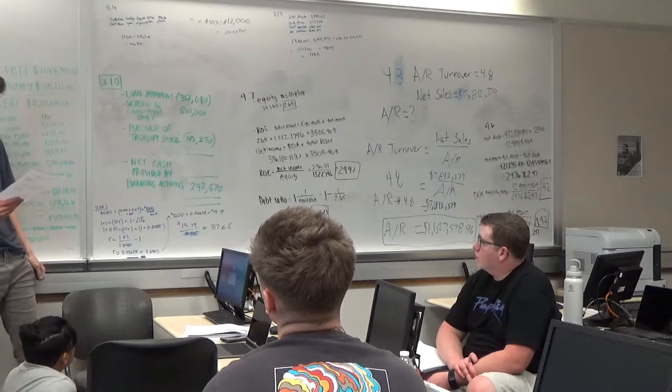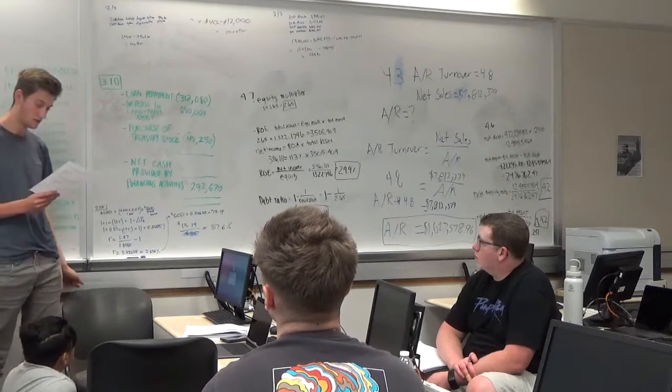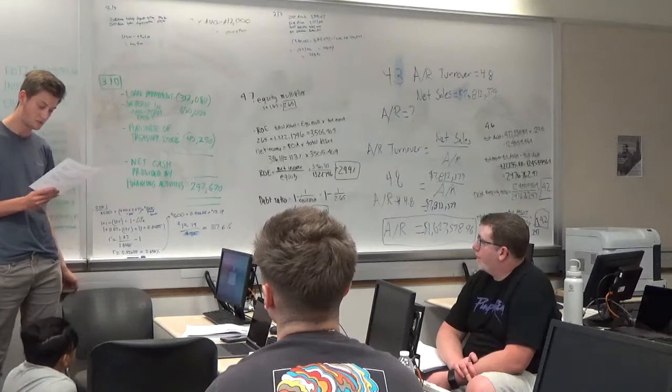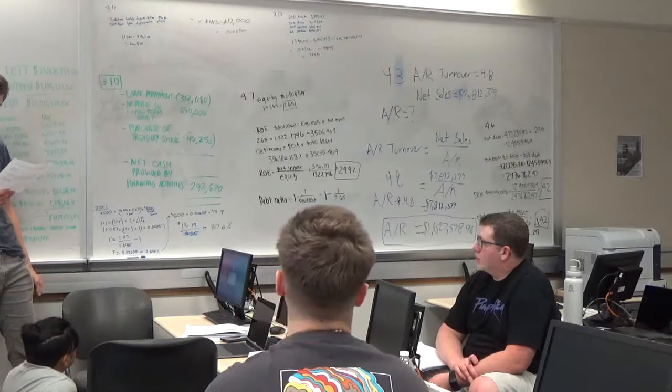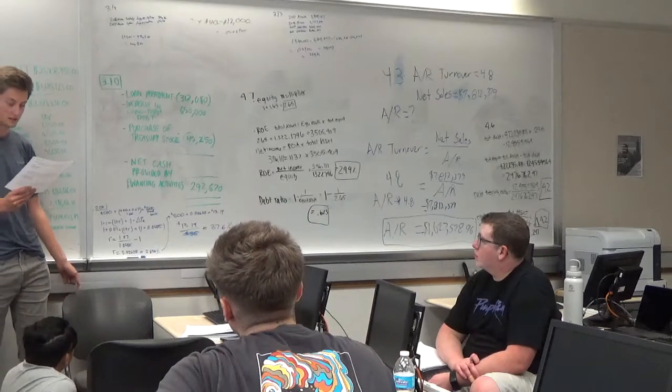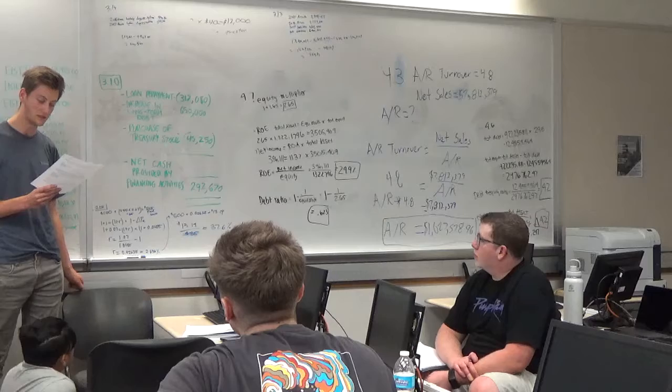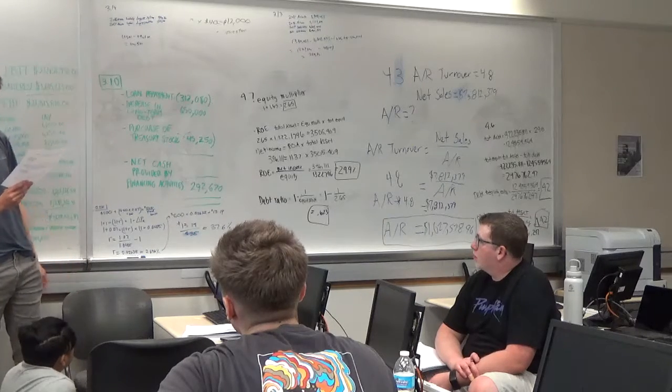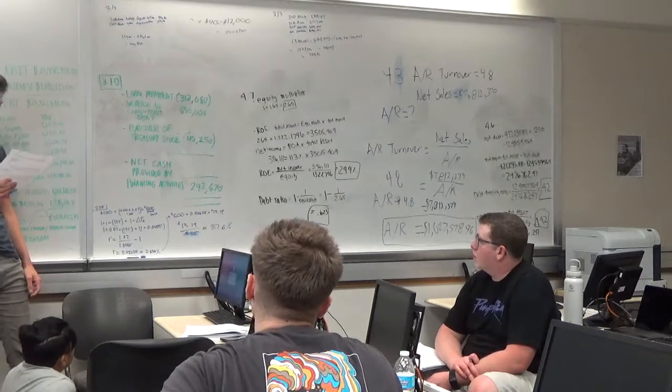So what you got to do is you got to do the 2017 assets subtracted by the 2017 liabilities, then subtract that by the 2016 assets minus the 2016 liabilities. That comes out to $284,115.